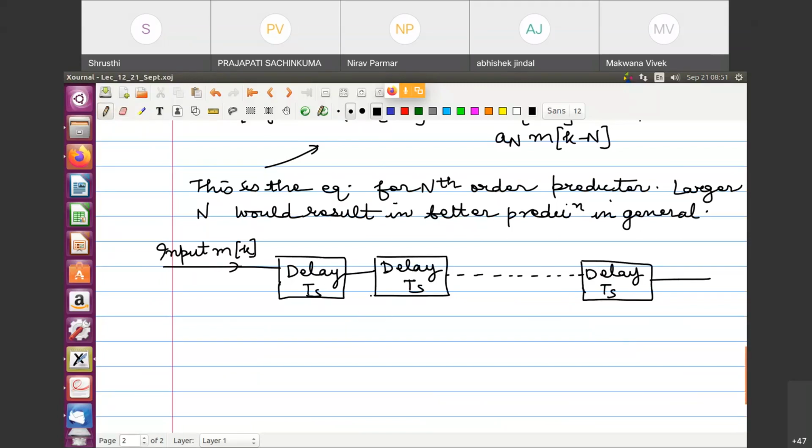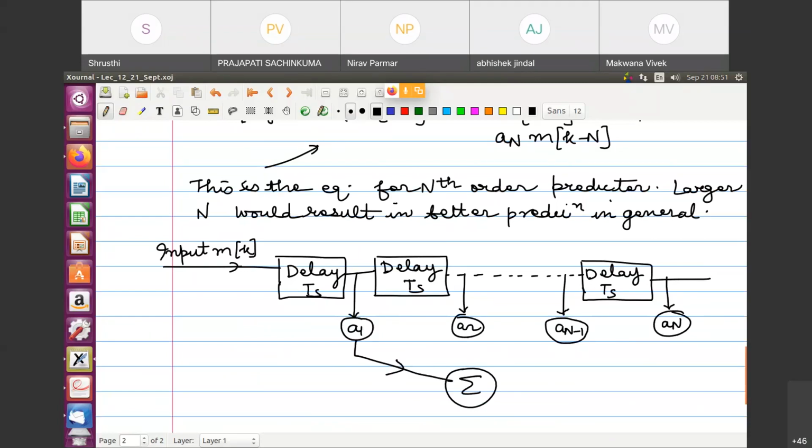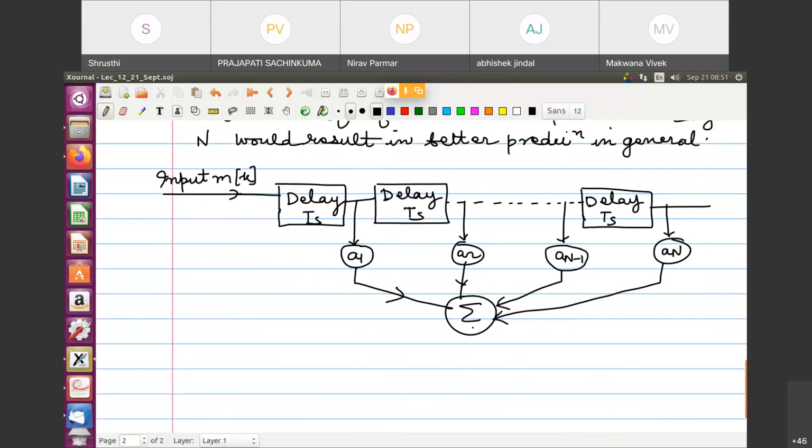This diagram you will find at several places, but for the sake of completion and for visualizing it aptly, I have just drawn it in the notes as well. This would be input, a of n. You just have a summation block and you add, and this is your output.